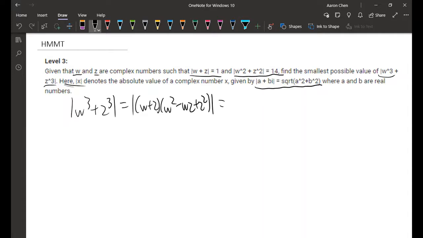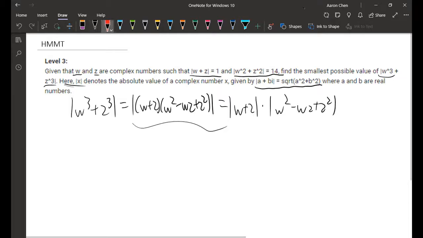And the magnitudes are multiplicative. And that means that this is equal to the magnitude of w plus z times the magnitude of w squared minus wz plus z squared. And from this part, we see that the first factor is just equal to 1.